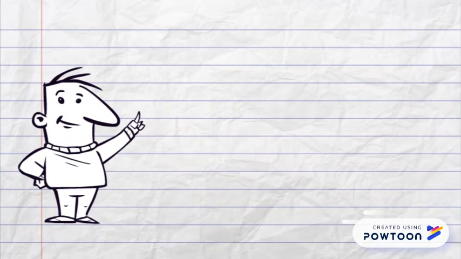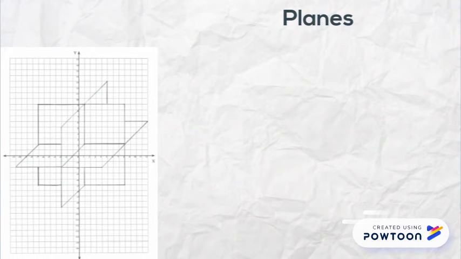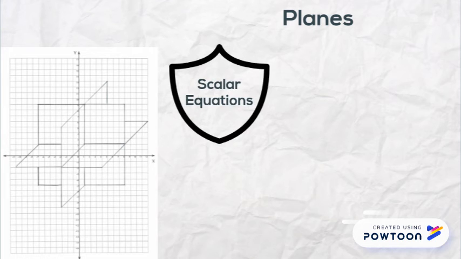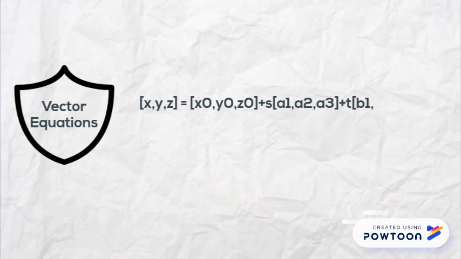After we know about the forms of equations in R2 and R3, let's move on to planes. Planes only exist in R3. Planes also have the same 3 forms as line equations. Scalar form: ax plus by plus cz plus d equals 0, and vector form: (x, y, z) equals (x0, y0, z0) plus s multiplied by (a1, a2, a3) plus t multiplied by (b1, b2, b3).